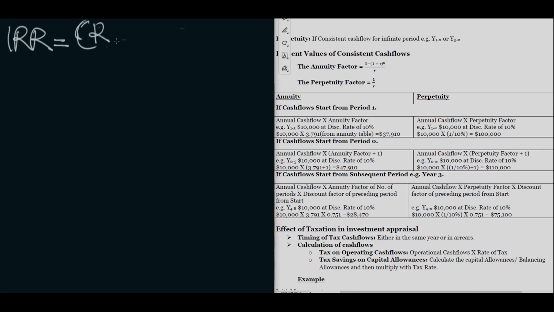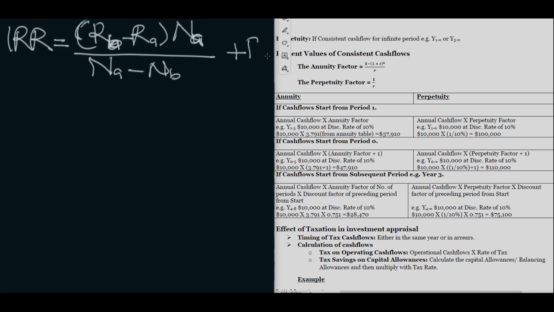Rate B minus rate A, all times NPV of rate A, all over NPV of rate A minus NPV of rate B, all plus rate A.